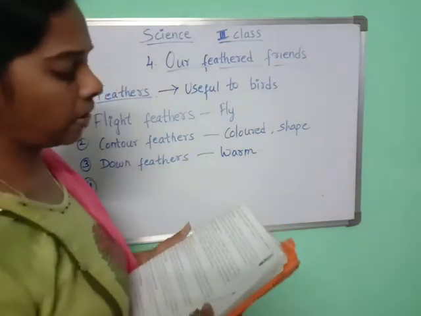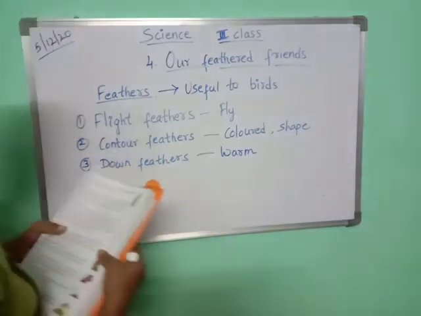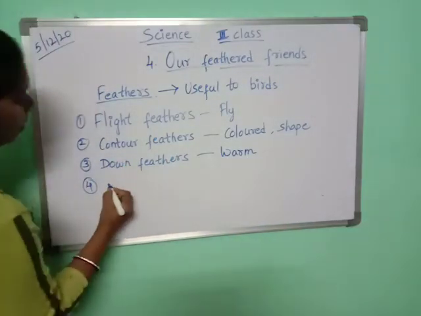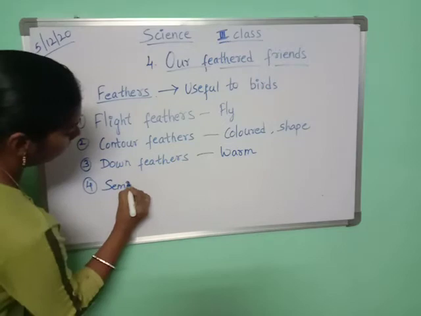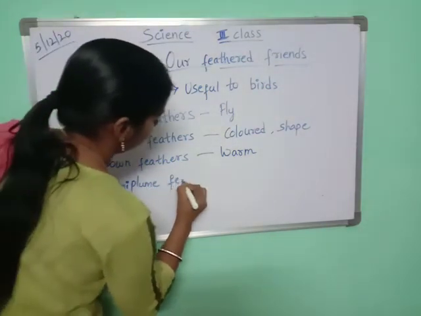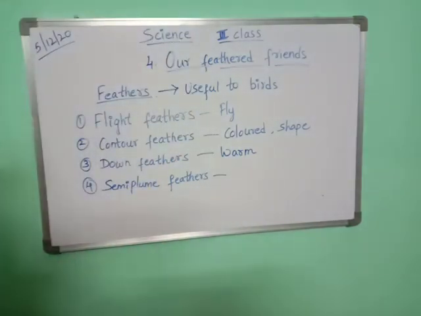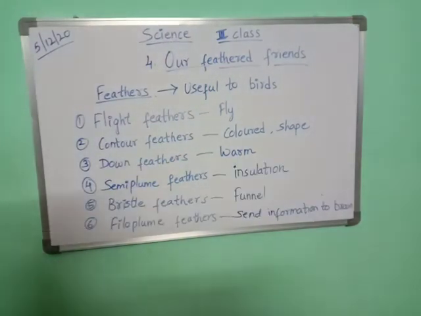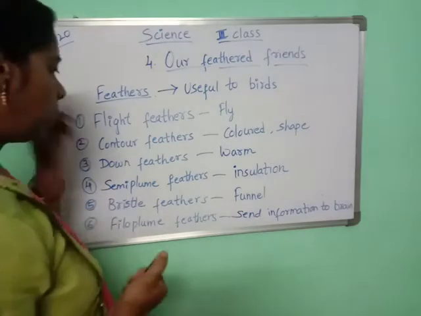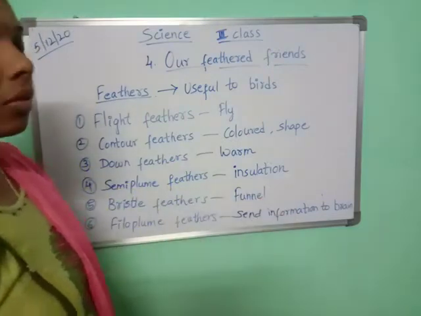Semi-plume feathers are found underneath contour feathers and are used for insulation. Okay children, semi-plume feathers, these help in the insulation of air.